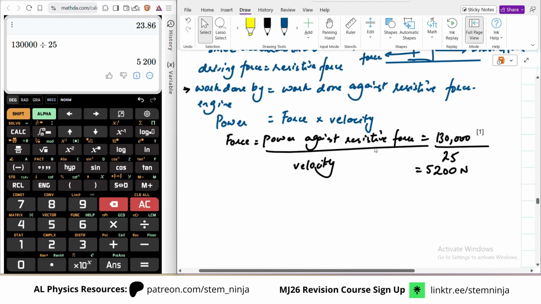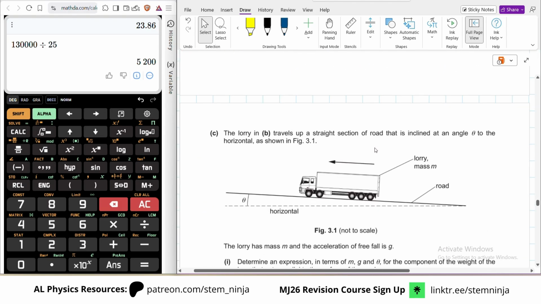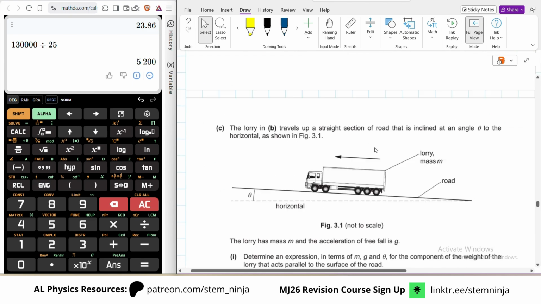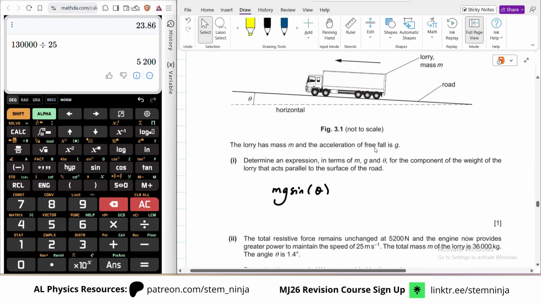Okay. Now, what we actually had was that the constant speed was 25 meters per second. And there is a component of the weight, that means there is some work done by gravity also. There is no change in kinetic energy, right?